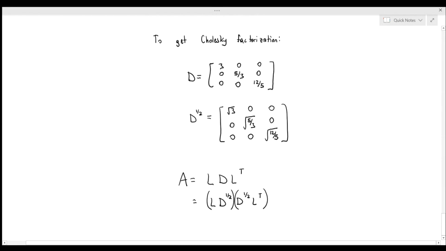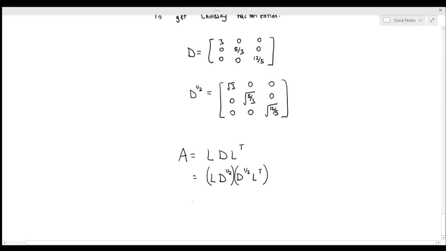Okay. All right, so when we split our diagonal matrix into two by using its square root, these matrices that we get here are going to form the matrices for our Cholesky factorization, okay?